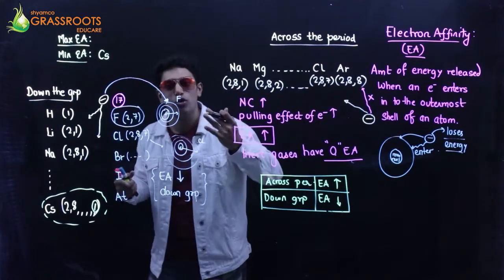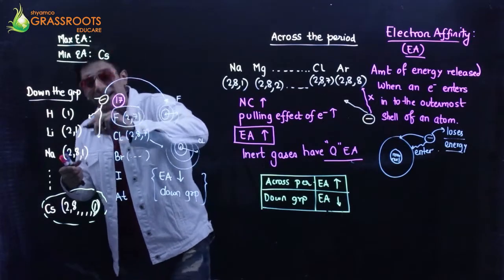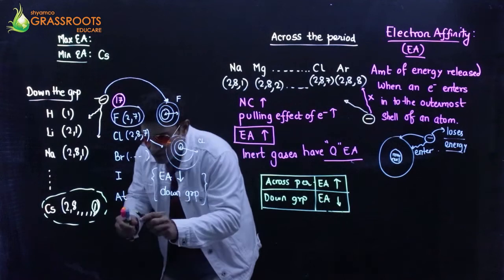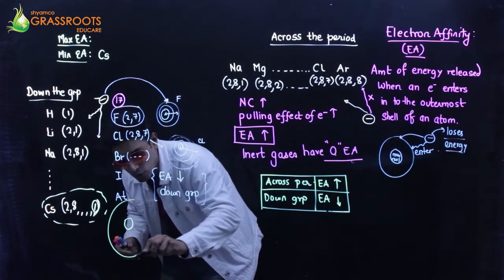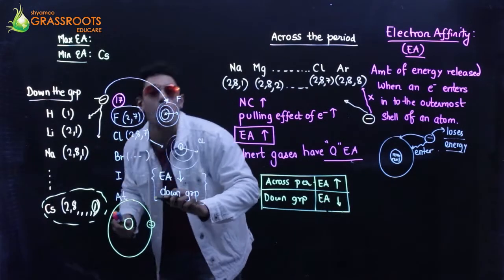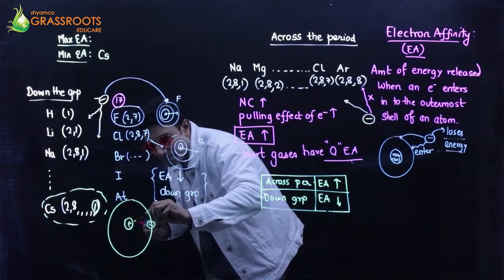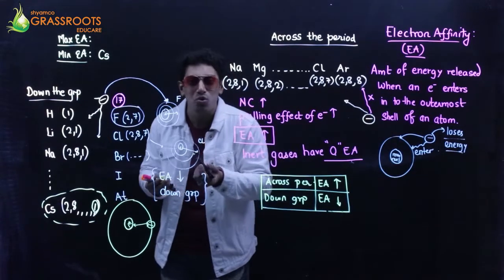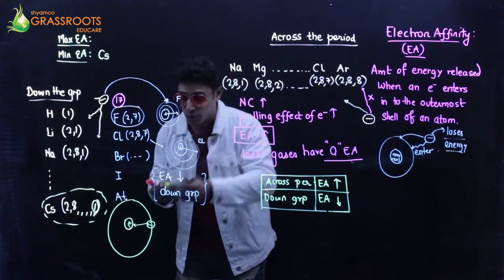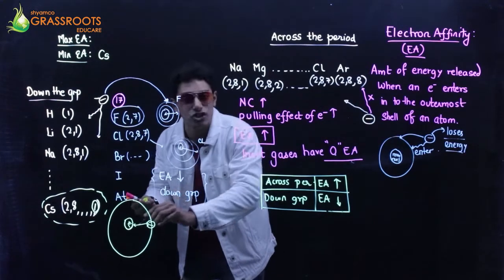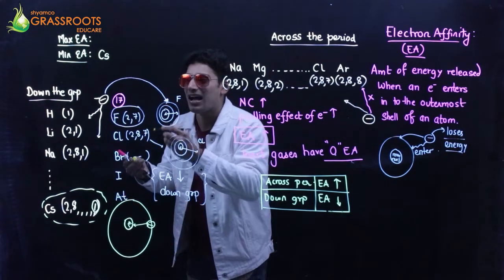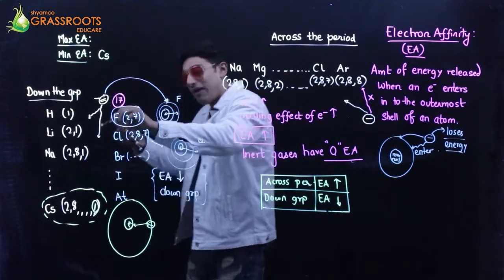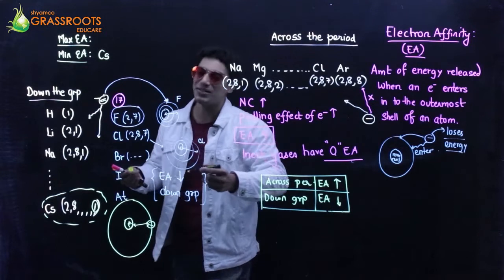How is she going to control one more kid who is going to enter the orbit? If I make the outermost shell, this is the 6th orbit. The mother has no control over her single son. If she can't control this son, how is she going to control a new son who is going to enter the orbit? It's not possible.